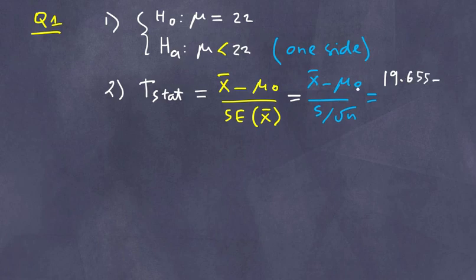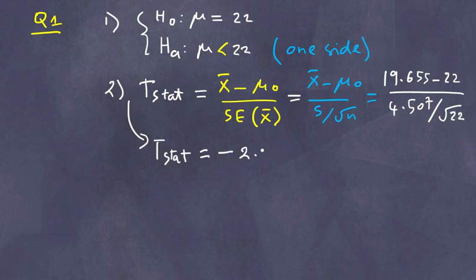So 19.655 minus mu 0, which is 22, over the sample standard deviation 4.507 divided by the square root of n, equals negative 2.4404.